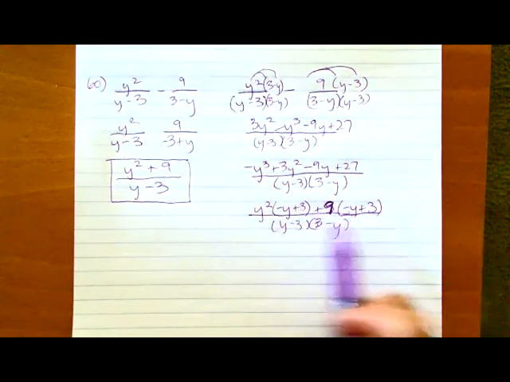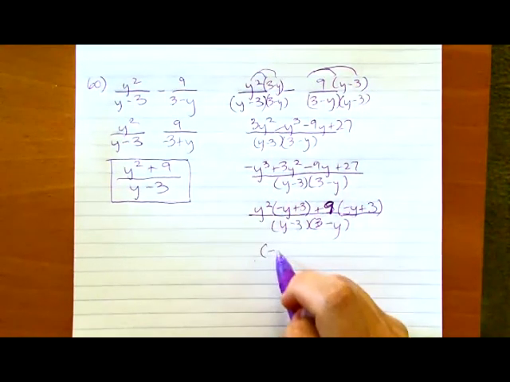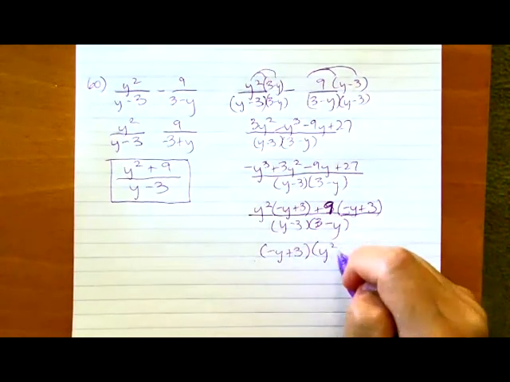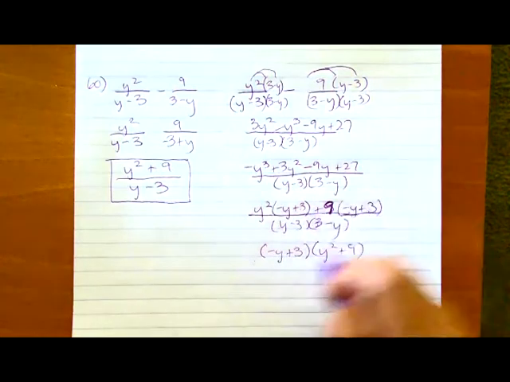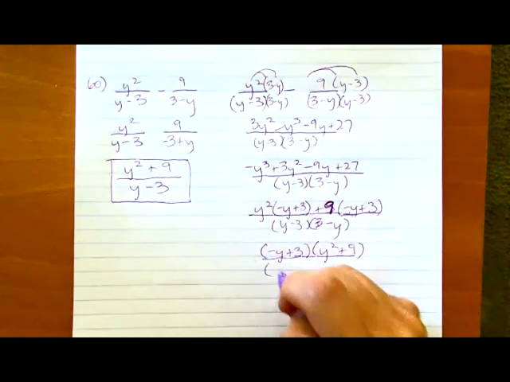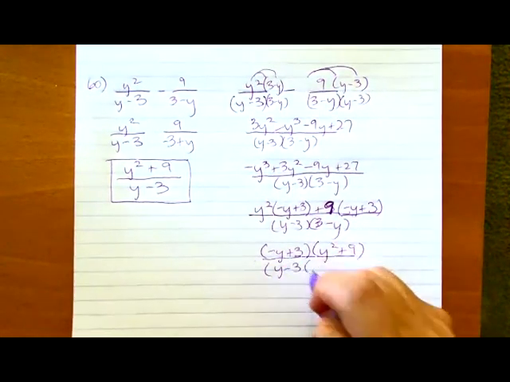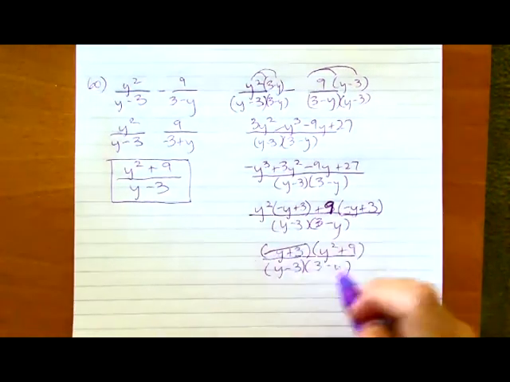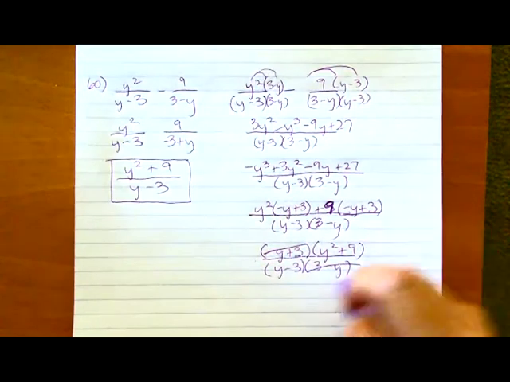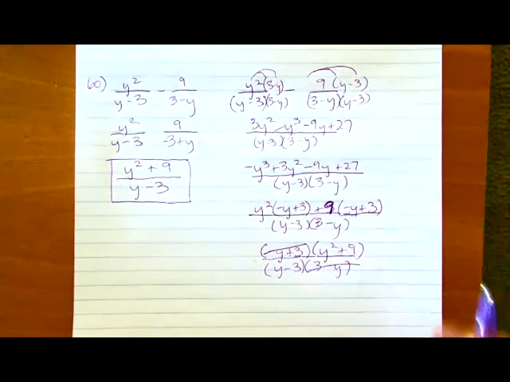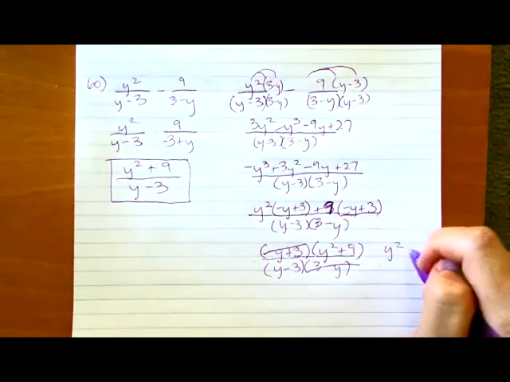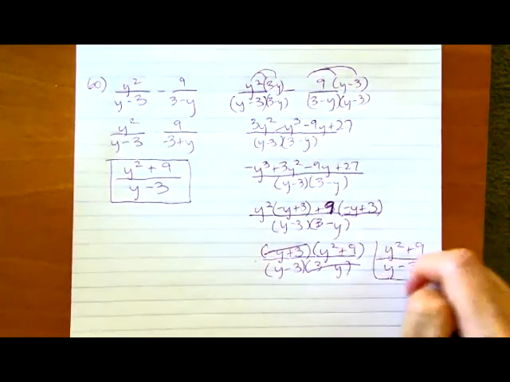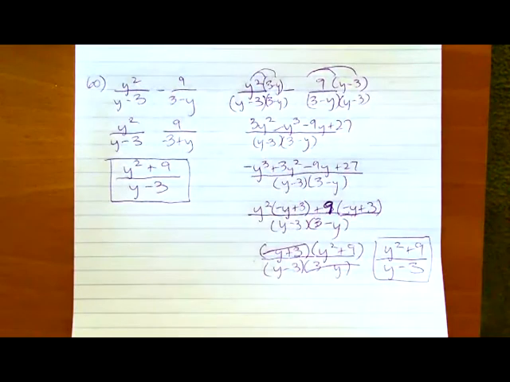Now we're down to two terms. They have a negative y plus 3 and a y squared plus 9. That's what's left. These two cancel, which leaves me with y squared plus 9 over y minus 3.